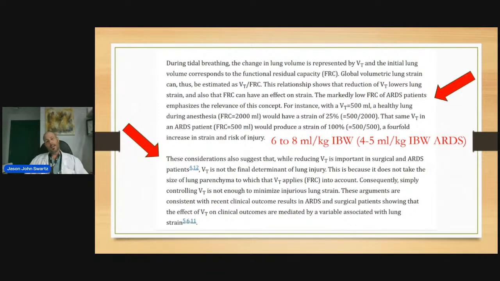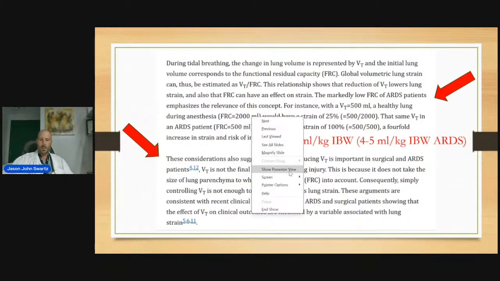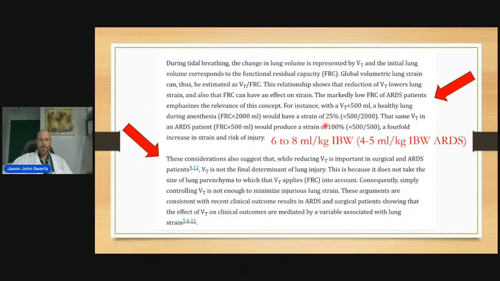So this study uses the example over here. I'll just use a pointer. So in this part, the study is just trying to make us understand, let's say you have a safe tidal volume of 500 and you have, let's say, an FRC of 2,000. So that gives a strain of 25%.